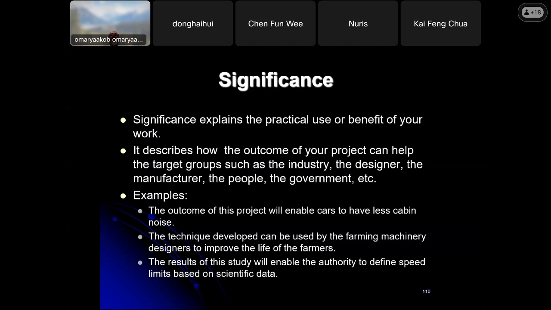But finally somebody will make use of your work to do something. If some projects have direct impact, maybe the project involves a local community, then the impact is going to help the people directly, but not necessarily all projects will do that. So that's why we just say significance only.